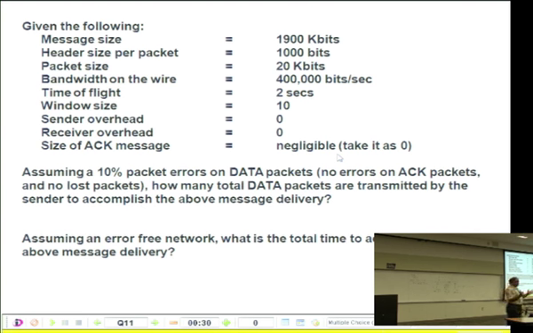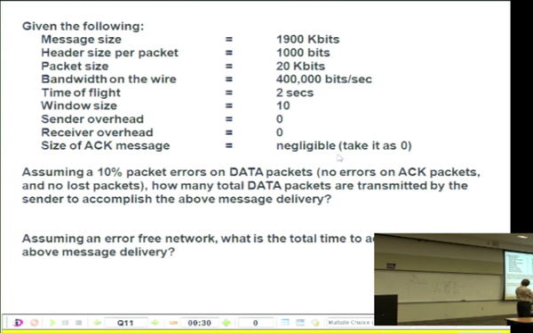Is that idea clear? These are the things that constitute the time for sending a packet on the wire. Now suppose you say 10% packet loss, then you can actually compute the number of data packets transmitted.